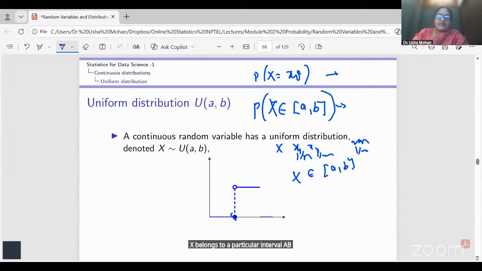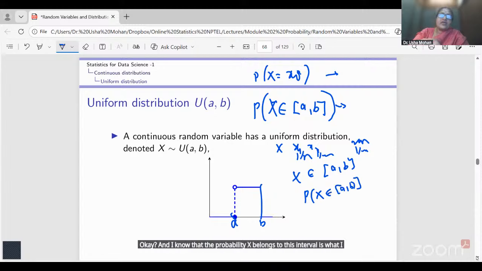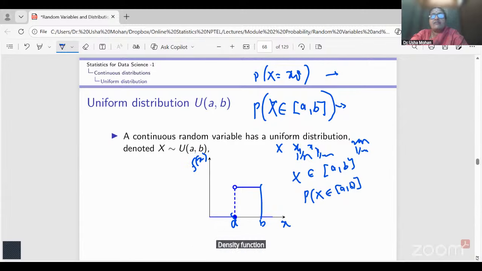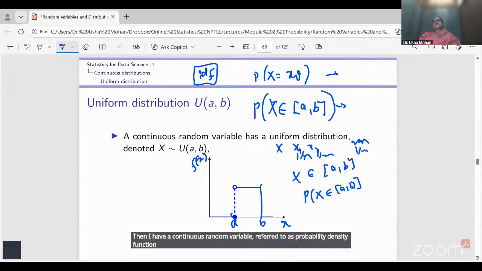I am interested in knowing the probability that x belongs to this interval. So in this case I have what is called a probability density function instead of a probability mass function. When I have a continuous random variable, I refer to it as a probability density function instead of a probability mass function. Is this clear?